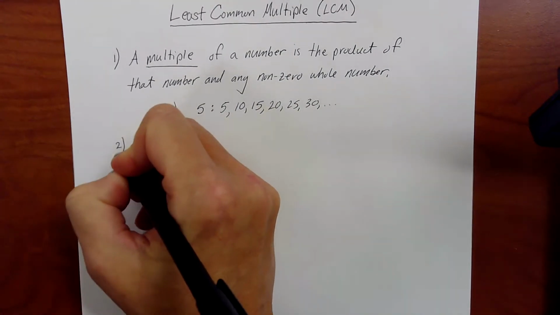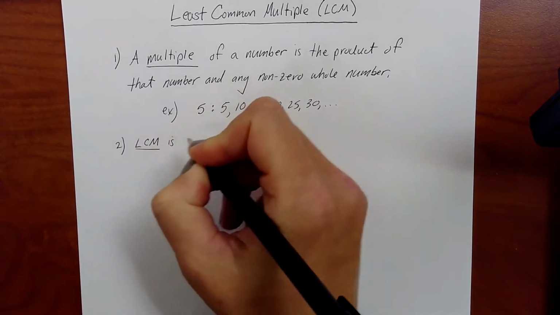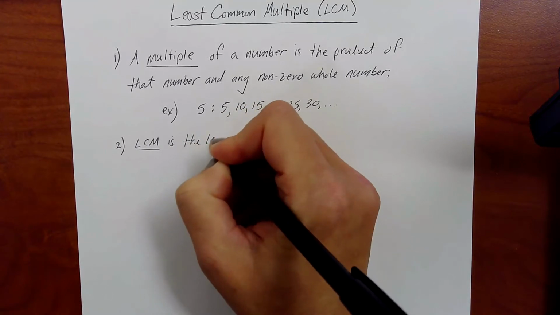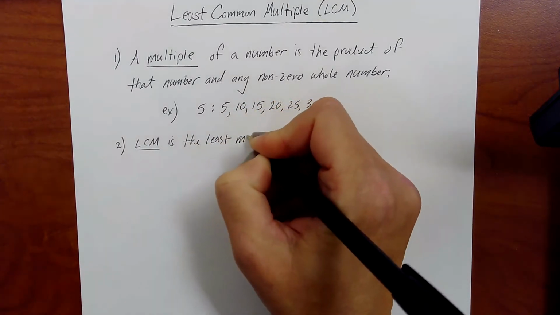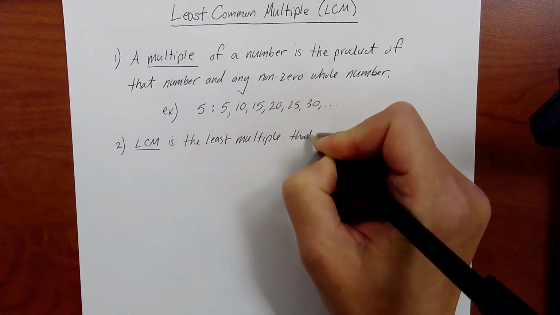Now, the least common multiple, LCM, is just what it says. It's the least multiple, or the smallest multiple, that both numbers have.